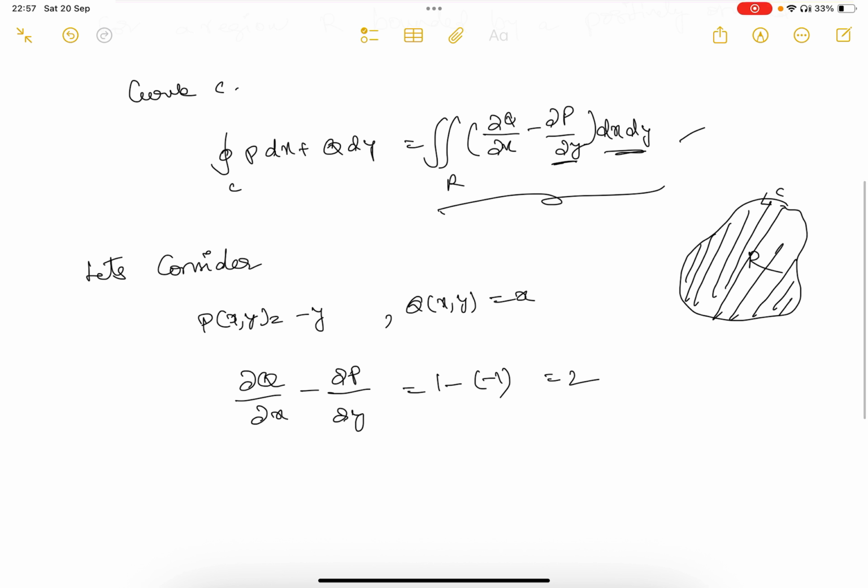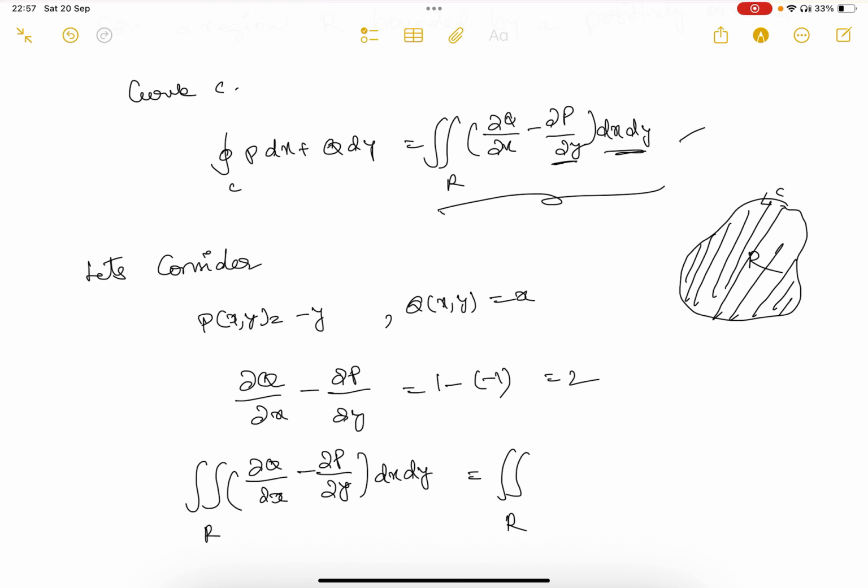Fine. Now over this region, the double integral of dou Q by dou x minus dou P by dou y dx dy: now this becomes the region R, with 2 coming out, then dx dy is equal to the integral along the closed curve of P dx plus Q dy, where P is minus y, dx, plus Q is x, dy.